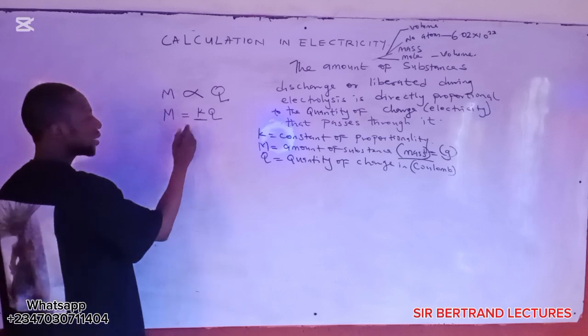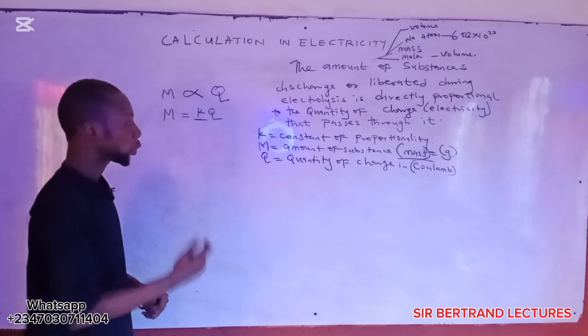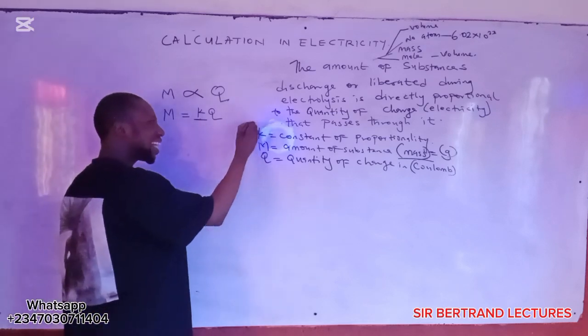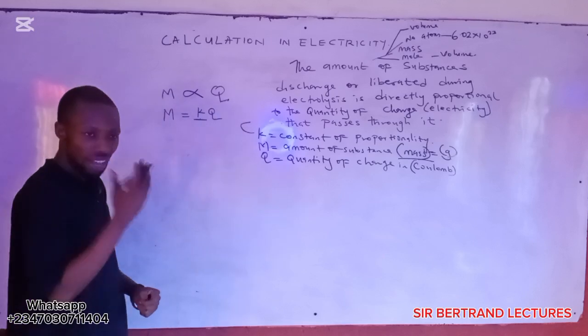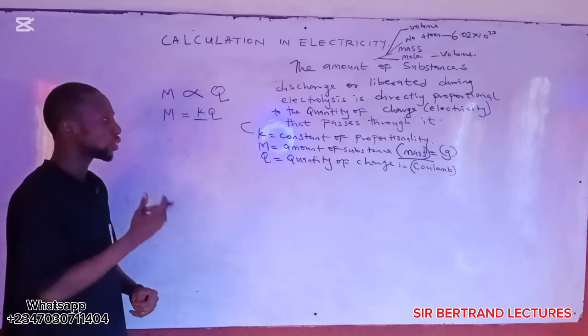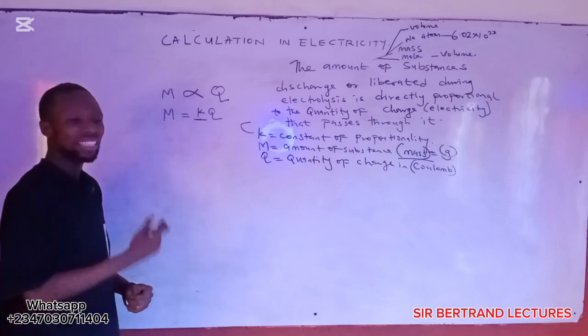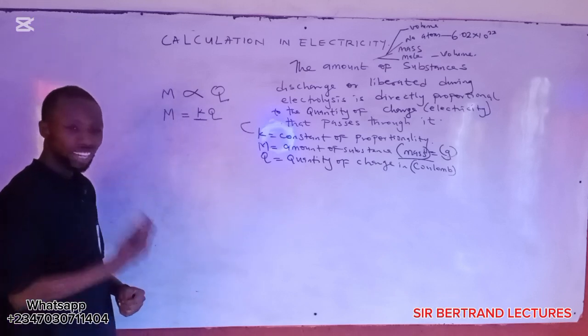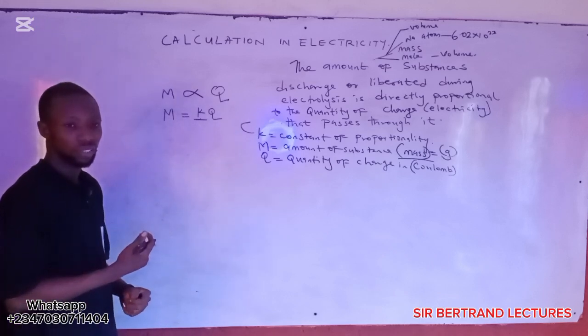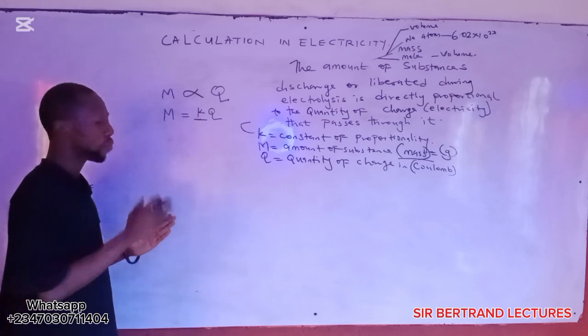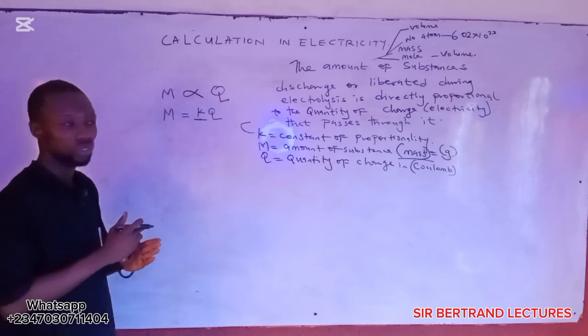Now this k, the constant of proportionality, represents the charge of the element or whatever substance is used, and this is where we are going to apply the electrochemical series, where you can now see the charges of every metal.